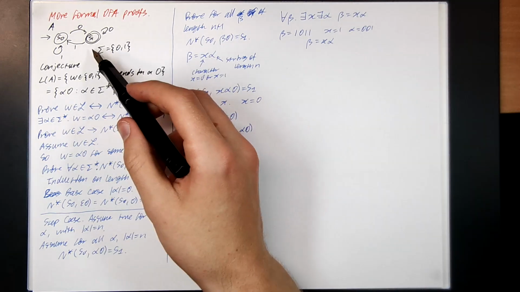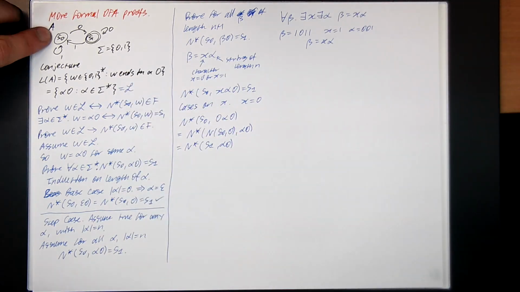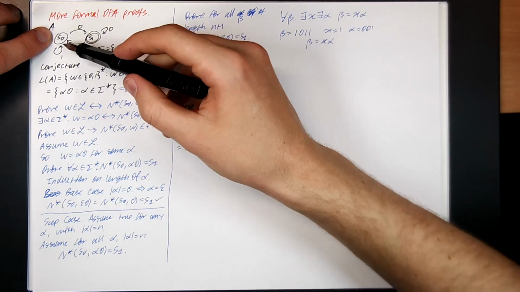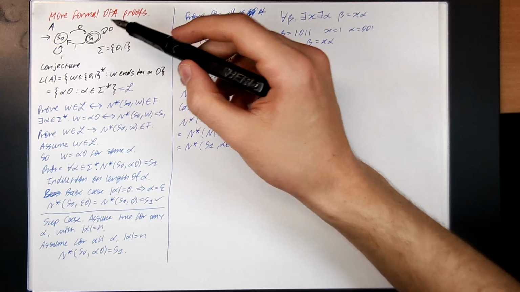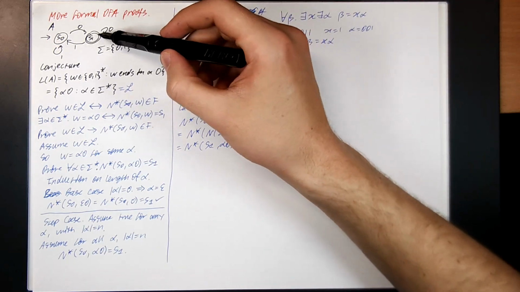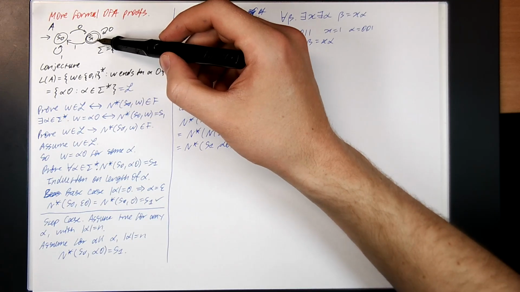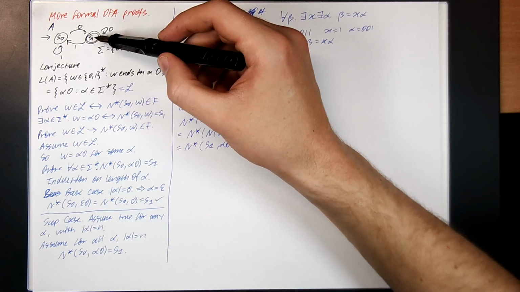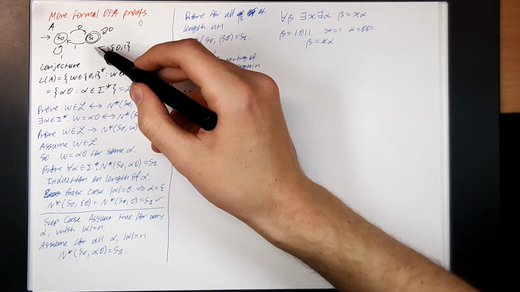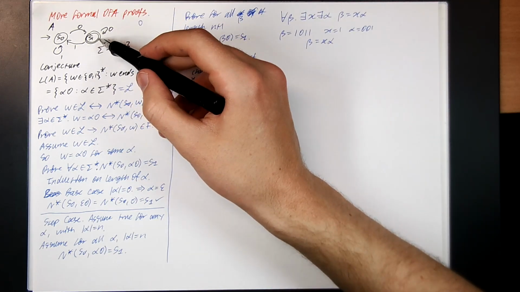So what other properties could I assume? Well, if we look at the DFA, we know that from the start state, if a string ends in a 0, it'll always get to S1. And it looks like it's the case if I'm already in S1 and I'm reading a string that ends in a 0, I'll still be in S1. Because if I'm in S0 and I read a 0, I go to S1.